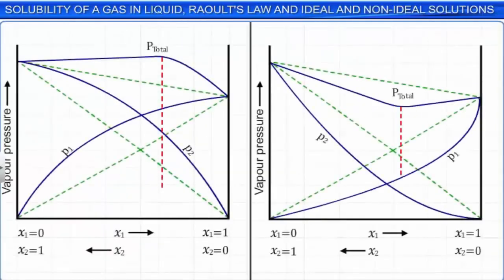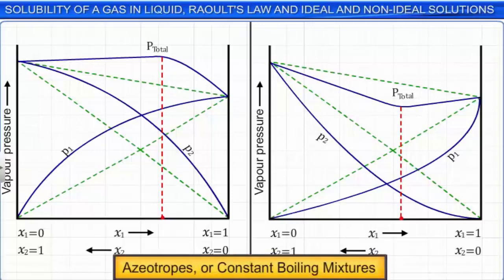A detailed look at the two graphs show that there are some large deviations from ideal behavior at specific compositions. These very large deviations from ideality form a special class of mixtures known as azeotropes or constant boiling mixtures.